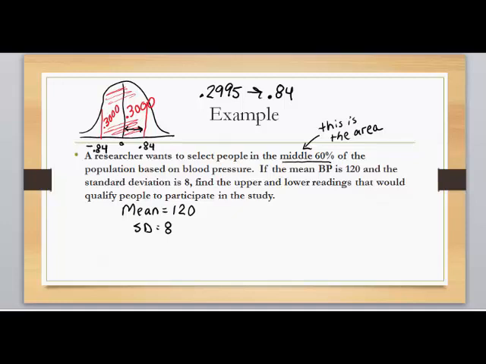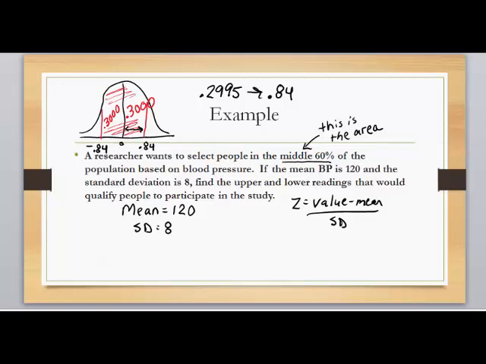Okay, and then the last step is to convert those z-scores back to regular numbers. So remember that we're going to use our formula for that, and we have 2 z-scores, so we're going to have to use the formula twice. All right, so the first time I do it, let me write my formula down. I am going to plug in, I'm going to do the positive one first.